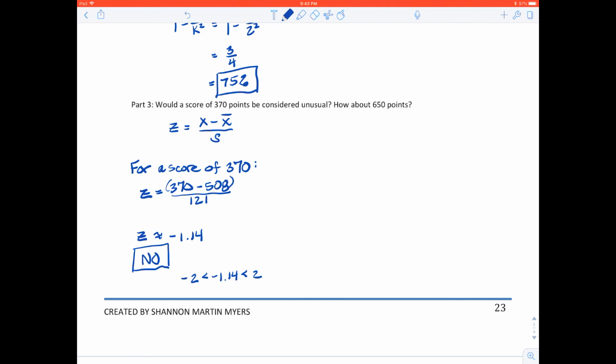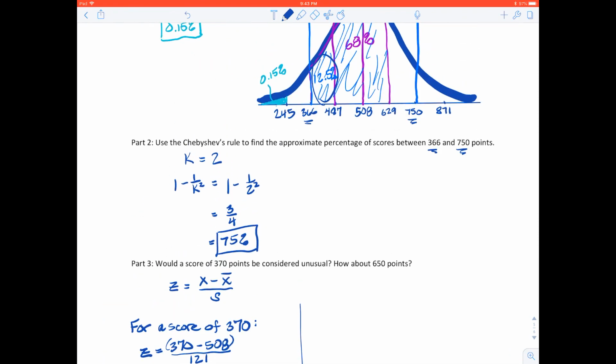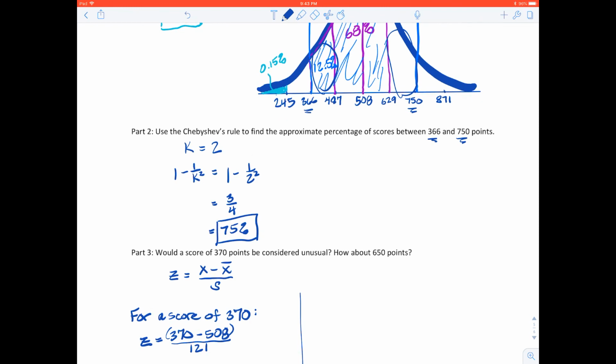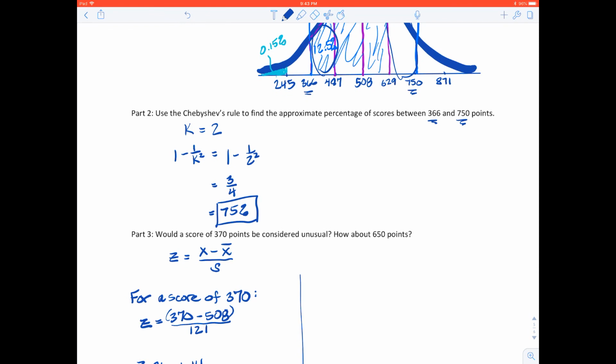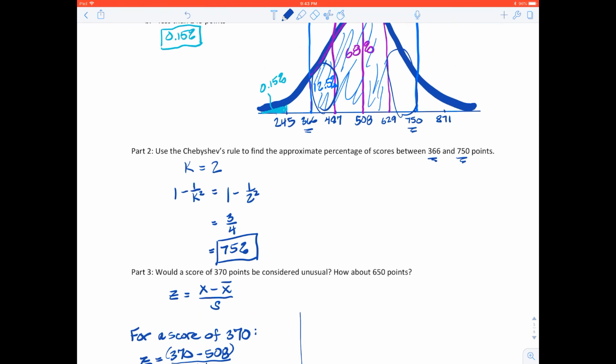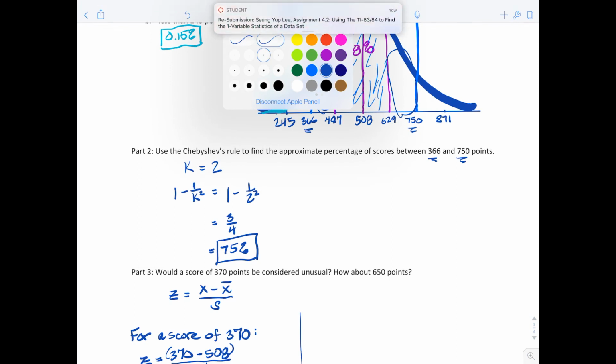All right, what about this other score? If you look at the picture, 650 would be on this side, so it would get a z-score of a little over 1. In fact, why don't we write in our z-scores?